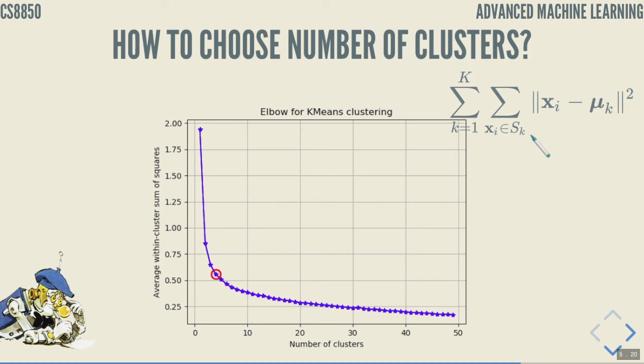Take our objective function that we minimize, average intra-cluster distance, and keep increasing the number of clusters, running k-means and computing this metric. That's what we're plotting on the y-axis here, and this is a decaying curve.